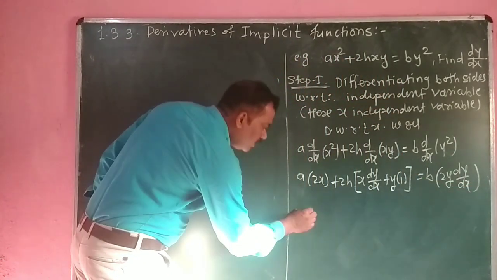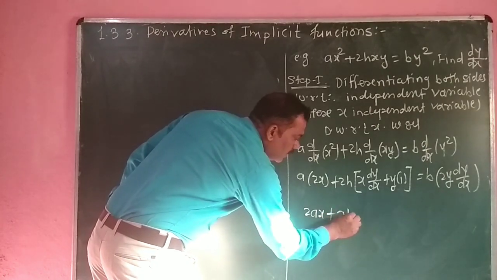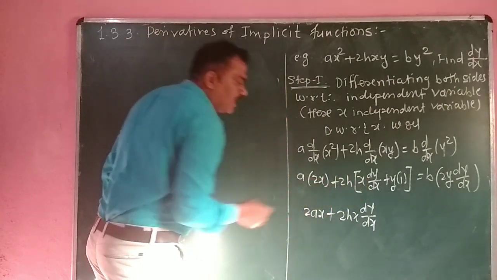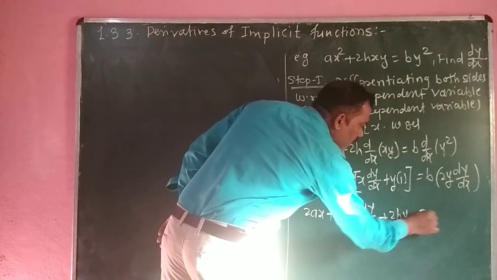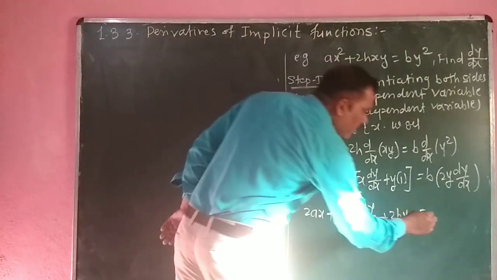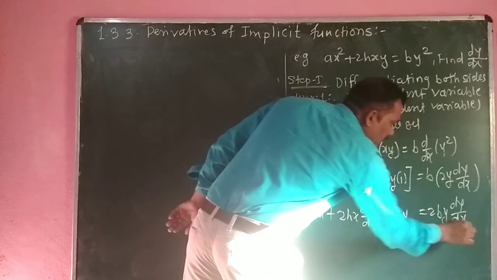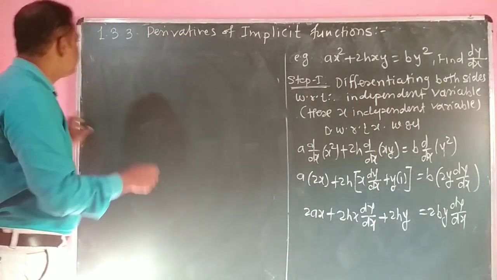So we get 2ax plus 2hx dy by dx plus 2hy is equal to 2by dy by dx. This is the differentiation.